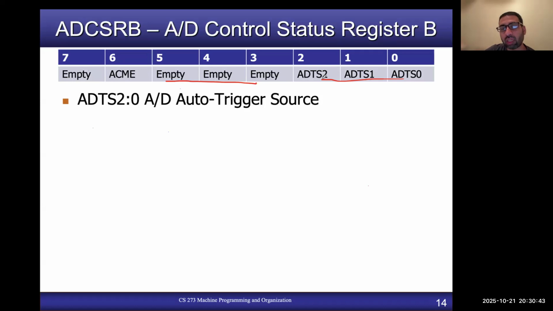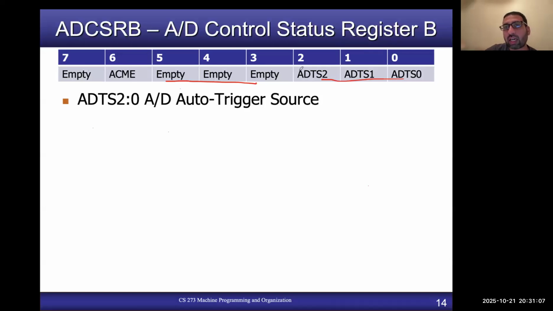Either we do it manually by setting the start bit equal to 1, and then setting it to 0 when the conversion is completed, or we can select an event, so that whenever the event happens, the next conversion starts automatically. But what is that event, and what is the source of that auto conversion?